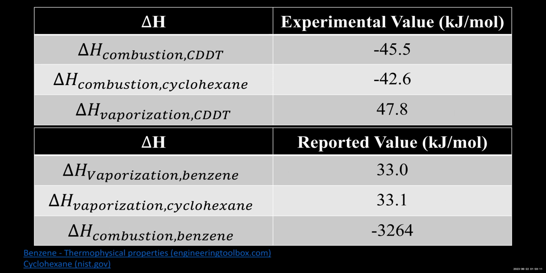So the combustion enthalpies for CDDT and cyclohexane were both calculated experimentally. The vaporization enthalpy for CDDT was calculated from the Clausius-Clapeyron equation shown before, and then the reported values are shown below. Like I talked about, the enthalpy of combustion for benzene had to be found from reported values because of how hazardous it is.